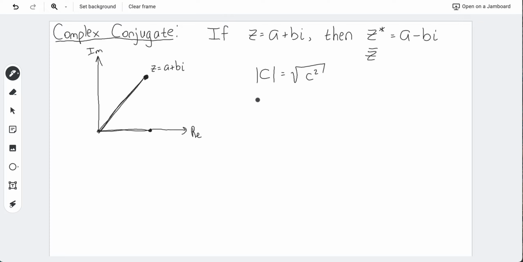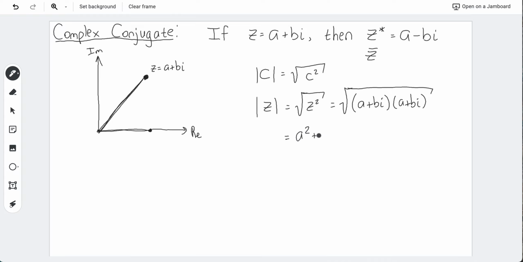And if I try to apply the same definition of absolute value to z, I get the square root of z squared, which is the square root of a plus bi squared, and if I do this out, I'm going to get a squared plus 2abi, and then minus b squared.